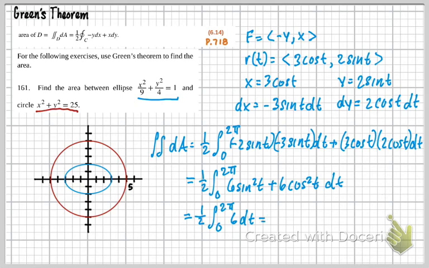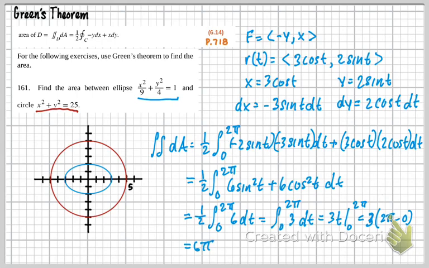And that's going to actually be the integral from 0 to 2 pi of 3 dt, which really is 3t from 0 to 2 pi, which equals, I pull the 3 out here. And then inside I'm going to get 2 pi minus 0, which actually equals 6 pi.